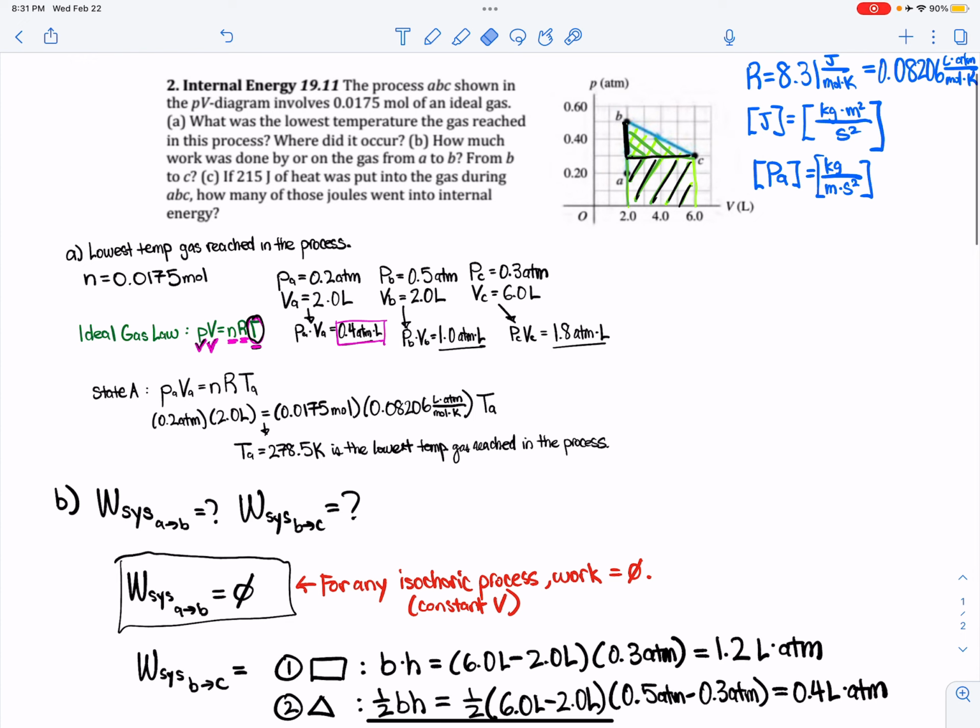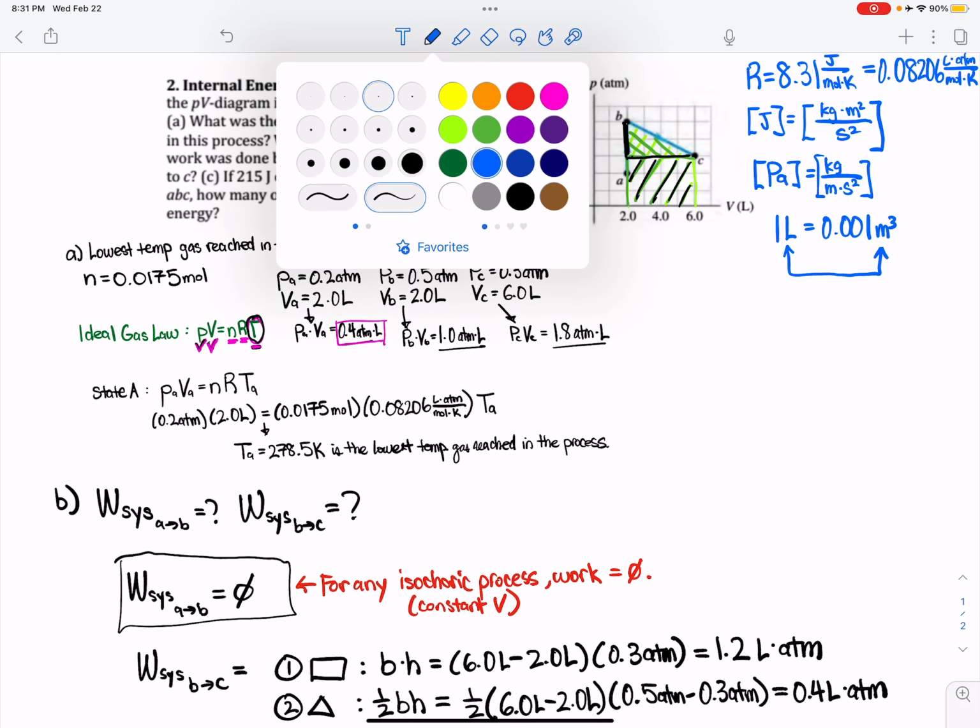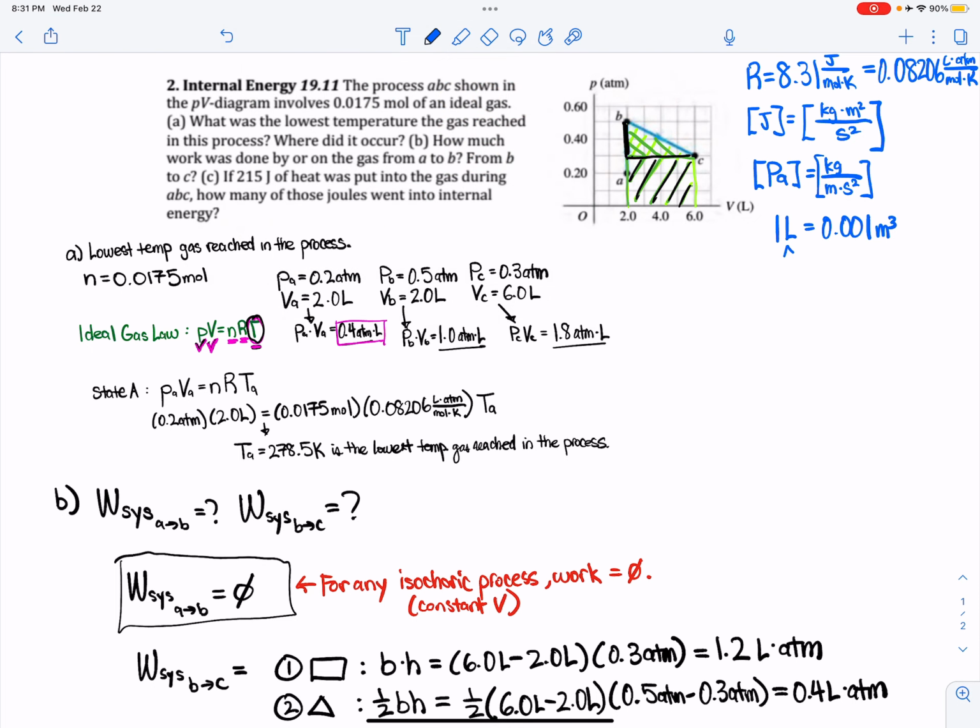And 1 liter is equal to 0.001 cubic meters, that's from the unit of volume liter to the unit of volume cubic meters. They're both units of volume. And for pressure, 1 atm is equal to 1.01 times 10 to the 5th pascals, from one unit of pressure to another unit of pressure.